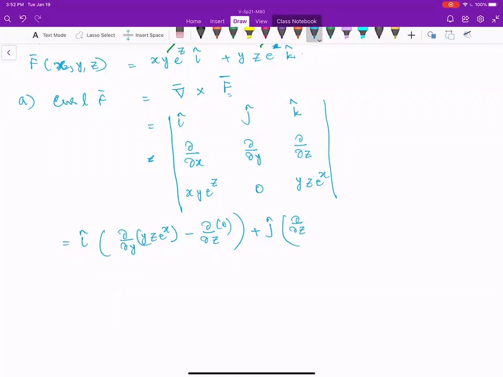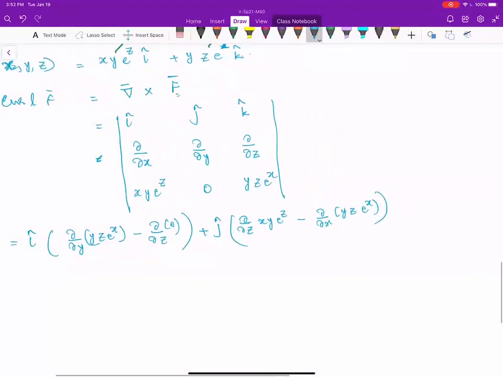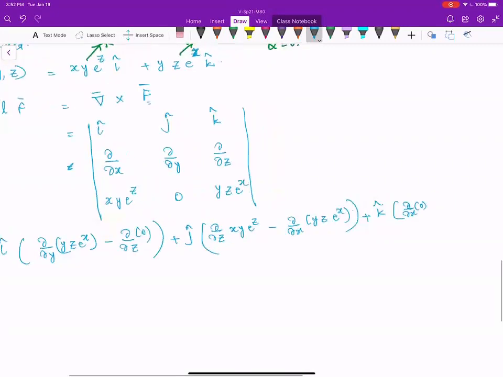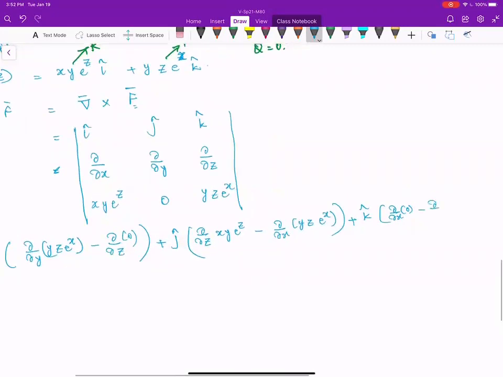So you'll have ∂/∂z of xy e^z minus ∂/∂x of yz e^x. Then plus k times ∂/∂x of 0 minus ∂/∂y of xy e^z.